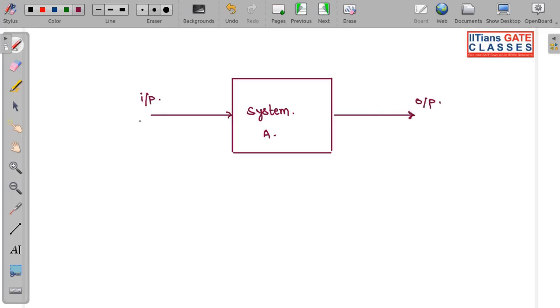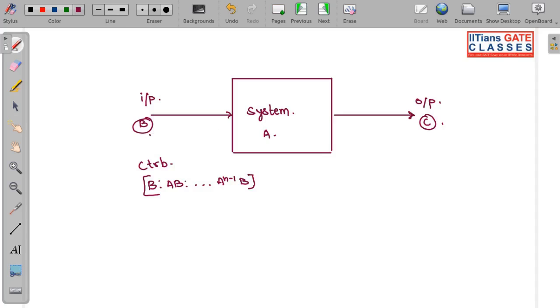The input is defined by the B matrix and the output is defined by your C matrix. While defining controllability, we take B, AB, A square B, up to A to the power n minus 1 B for the formation of the matrix.